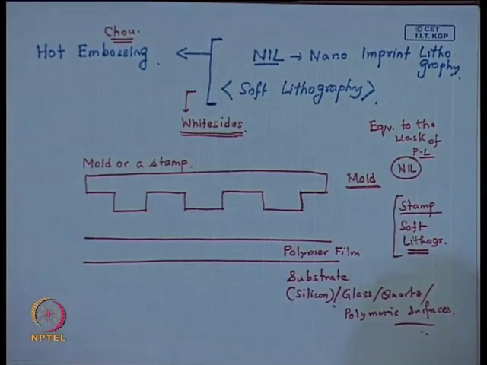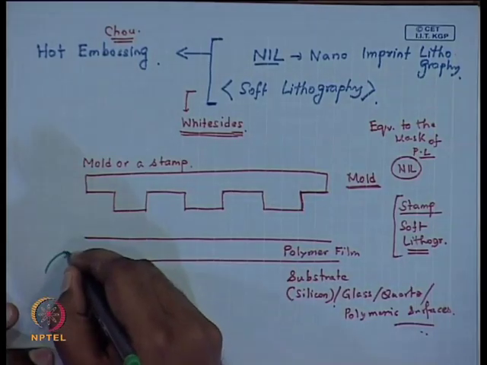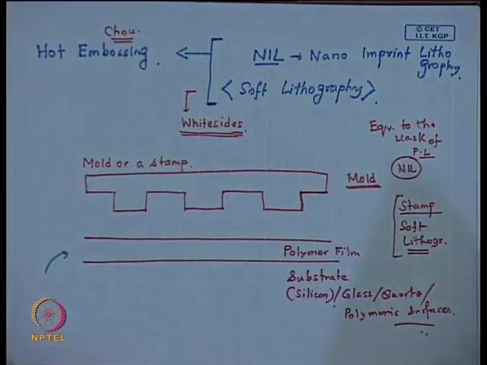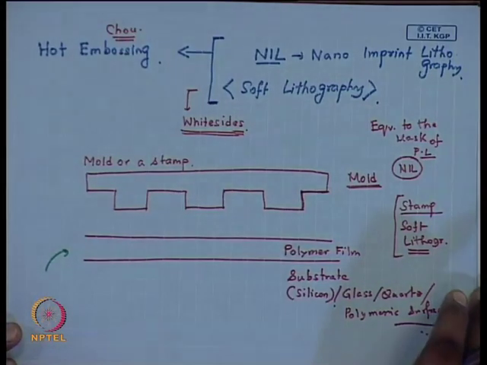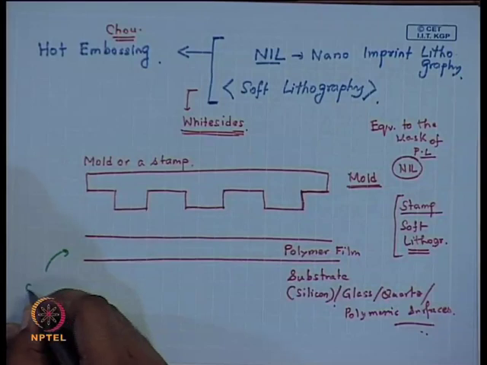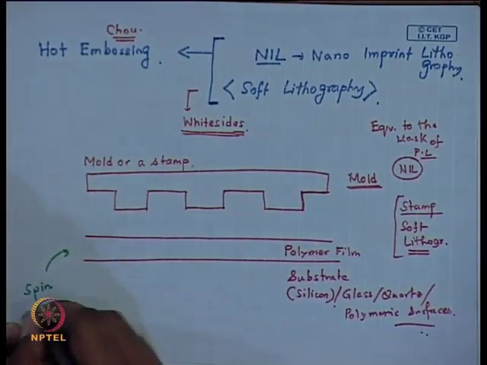Of course, various techniques which were developed for photolithography also find application here. For example, when you want to make this polymer film, what is the best way by which you can make it? Well, spin coating still finds extensive application here.